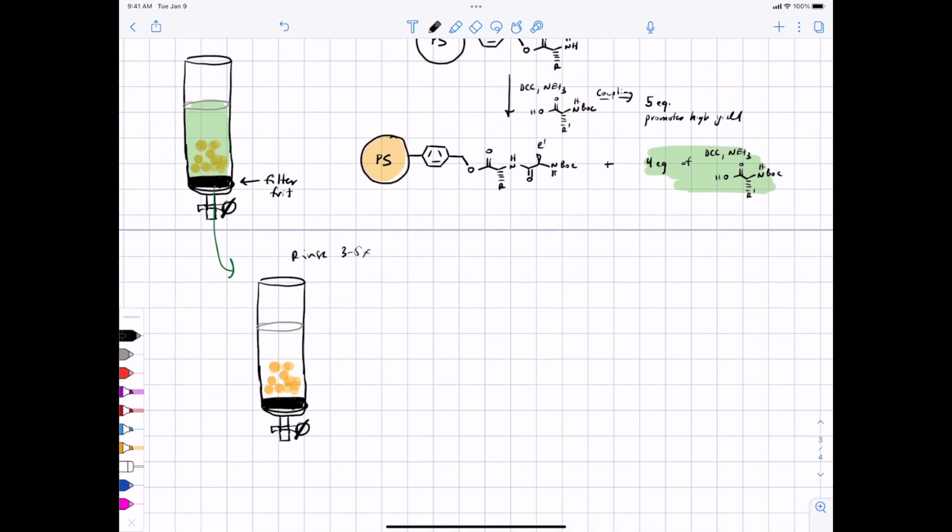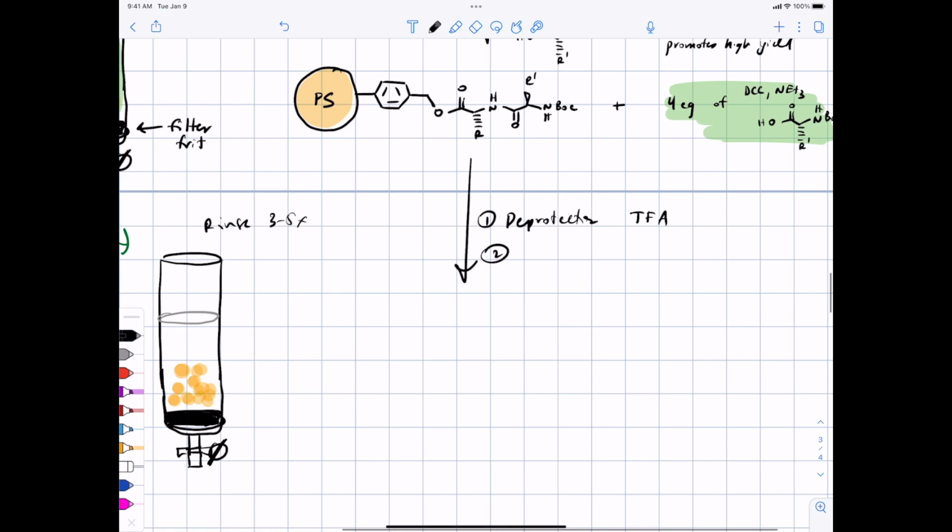And that takes you to the next step where you're able to do another deprotection using TFA to remove Boc. And then another coupling reaction with your third amino acid.